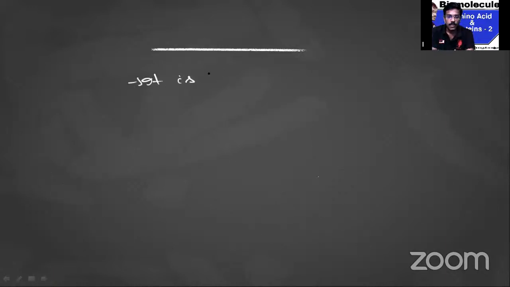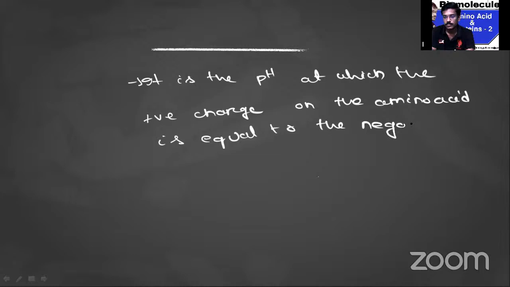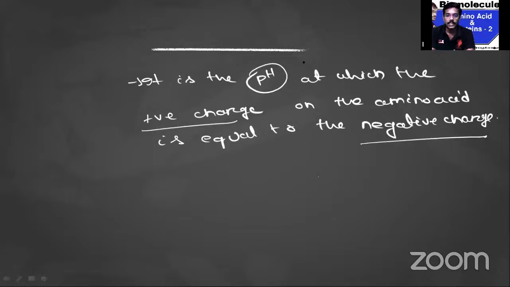It is the pH at which the positive charge on the amino acid is equal to the negative charge. The positive charge and negative charge are the same at which pH? That is called the isoelectric point.